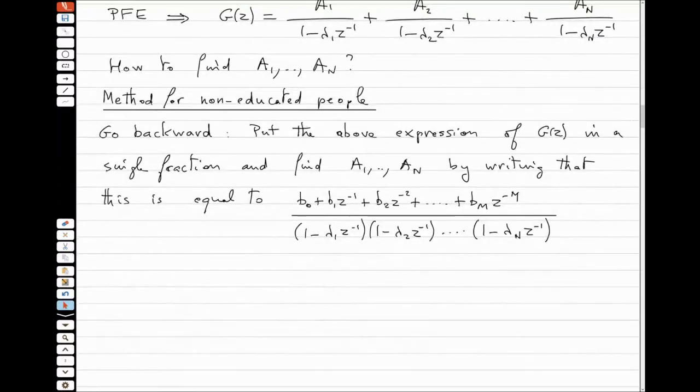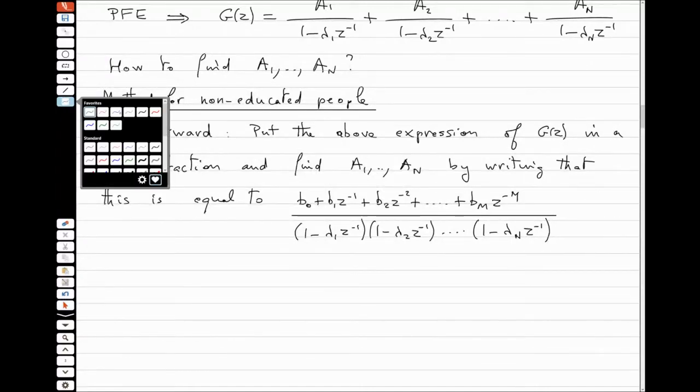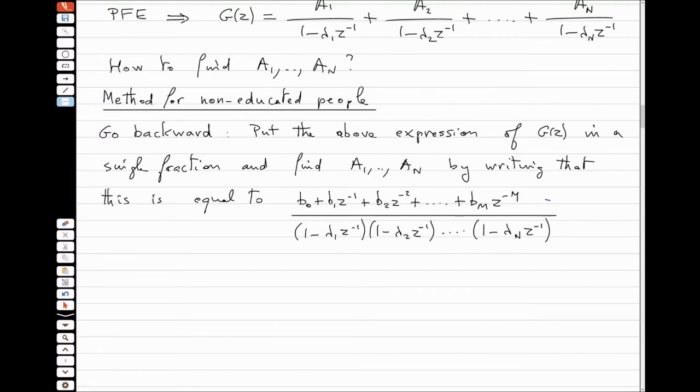Be careful, this is different from, this is not 1, all right? All right, so then you will end up with m equations.